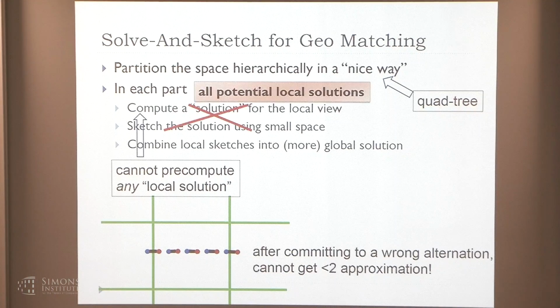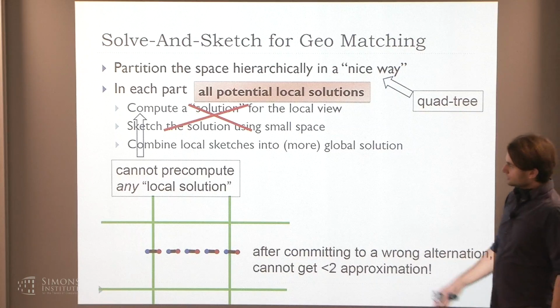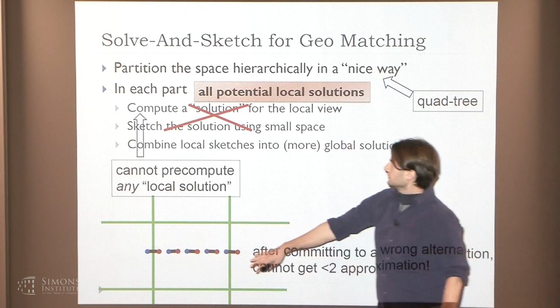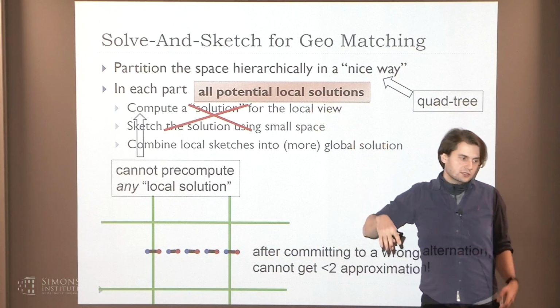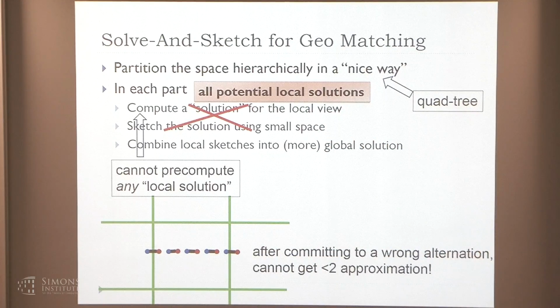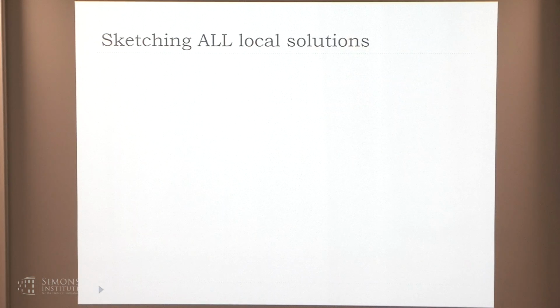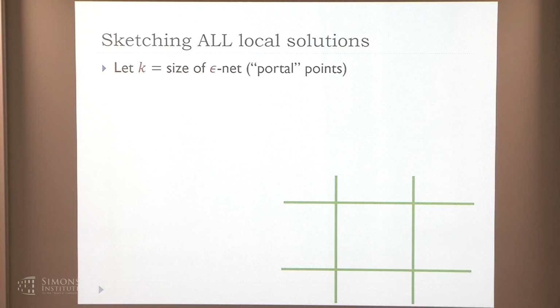So really what we need to do here is not compute just one solution for the local view. What we really need to do is compute all potential solutions that are valid given what will happen later in the other parts. Okay, so let me just define exactly what it means. So, sketching all solutions, this is roughly how it will look.